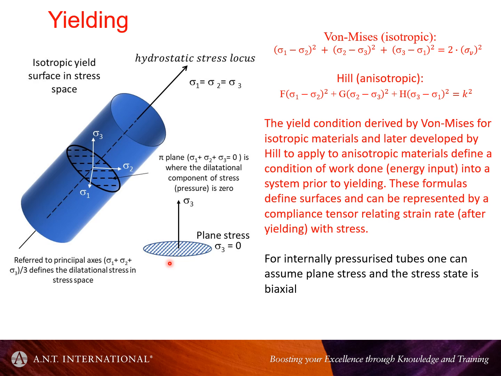In a pressurized tube, the stress perpendicular to the tube surface is typically approximately 0. So in a plane stress state, we set the one stress equal to 0. So this is now a stress system defined relative to the component axes.